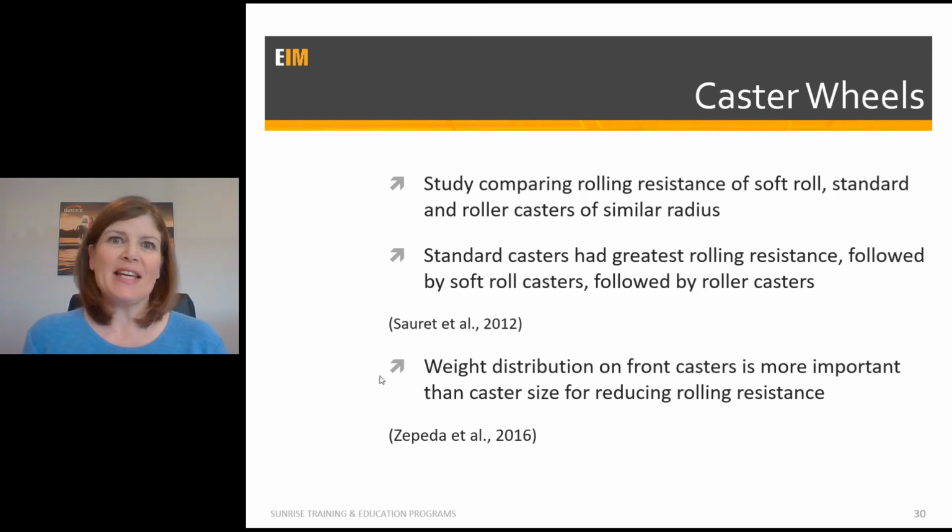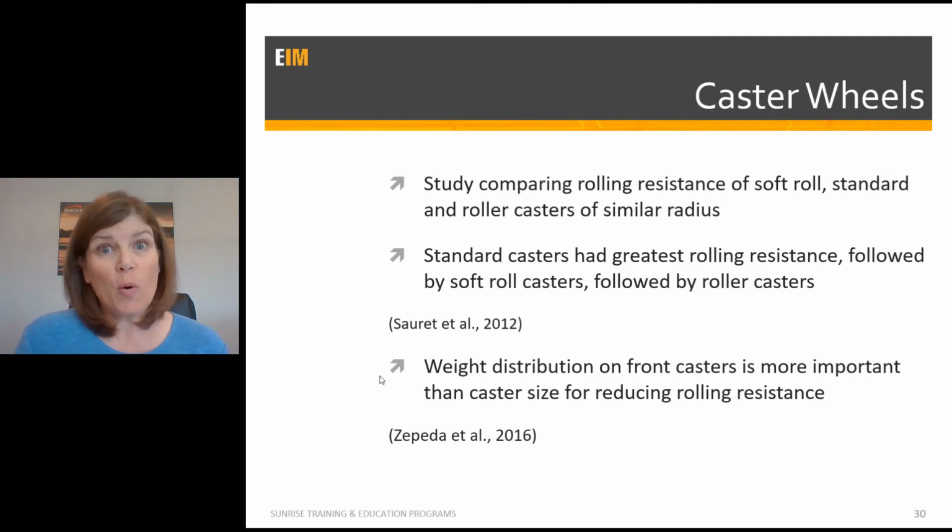So there was a study done that compared caster wheels. And in this study, they looked at caster wheels of similar size, but what they were looking at is the material. So they looked at casters that were your standard caster. They looked at the soft roll, and they looked at a roller caster, so something that's somewhat like that micro-lighted, but that hard material. And what they found is that your standard caster, which is often on those standard wheelchairs, has the most rolling resistance.